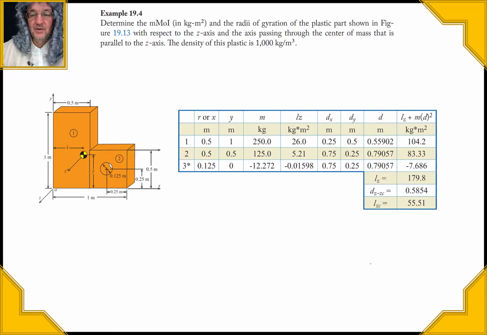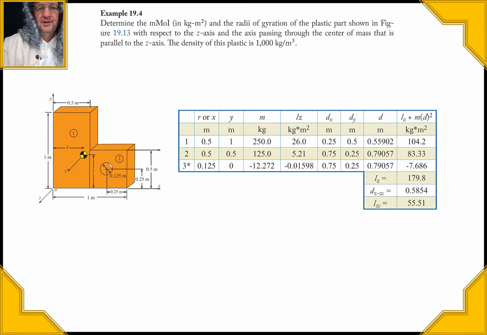A convenient way to approach this is to make a table out of it, once again doing something in a spreadsheet. You could make an extra long table where you do the center of mass and the mass moment of inertia all in one big table. That's useful, but it sometimes is hard to present on a single page, so I did it in sections.